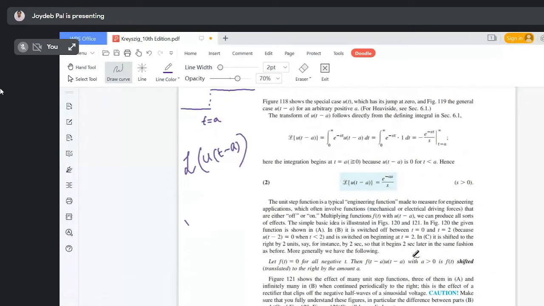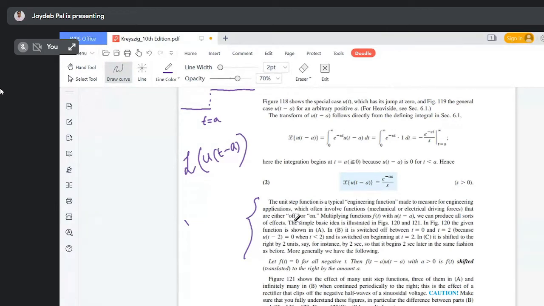Okay, now here in that part you can read it. It is written how the Heaviside function can be used in engineering problems. Okay, meaning why we are taking the Laplace transform here with this Heaviside function.